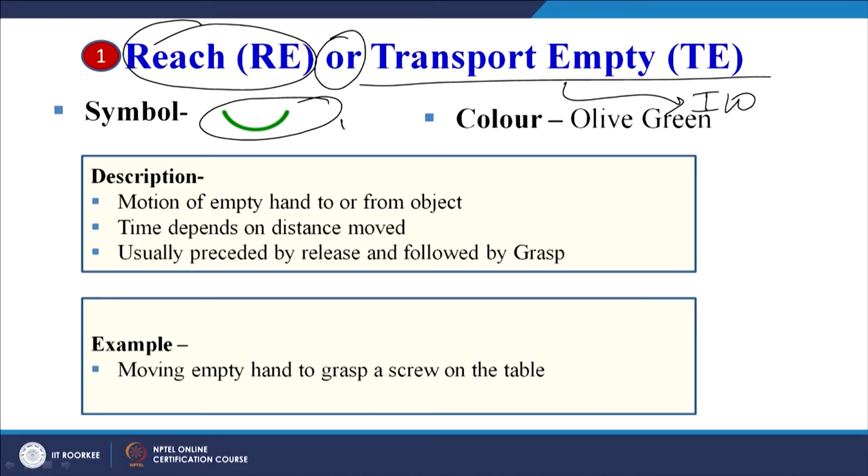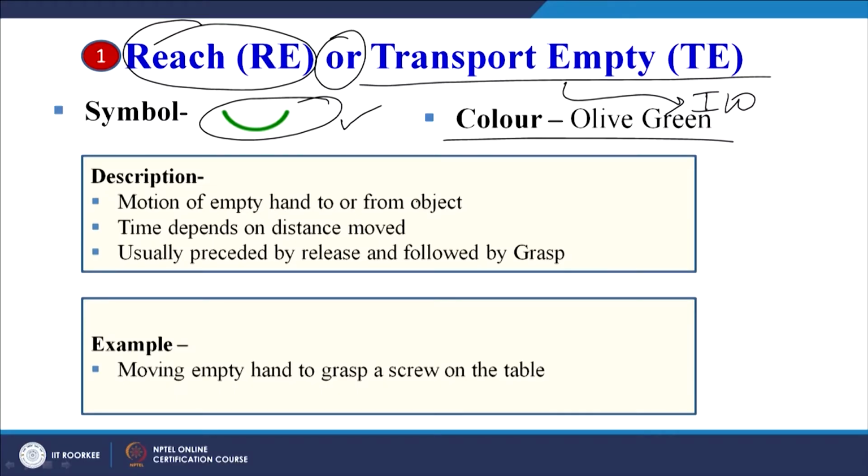This is the transport empty symbol, the color is olive green. Instead of going into the difference in nomenclature followed by different books or different internet sources, the meaning remains the same.